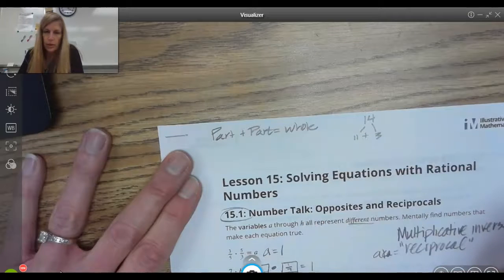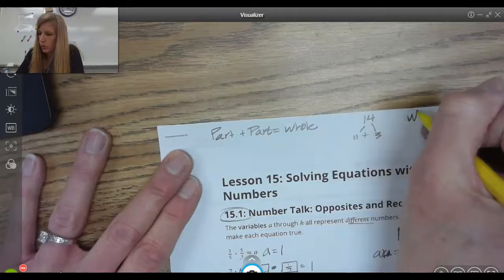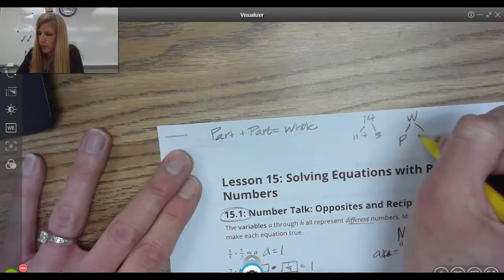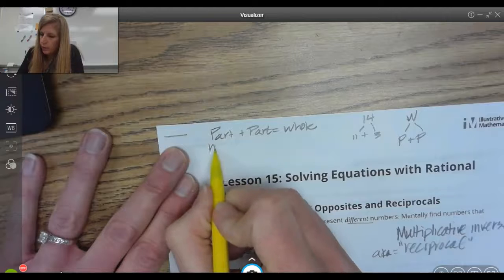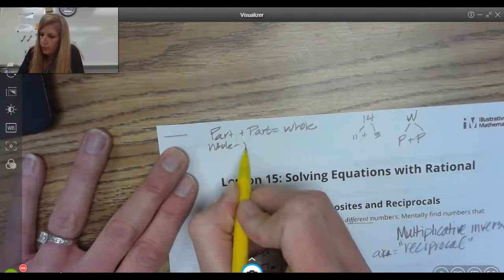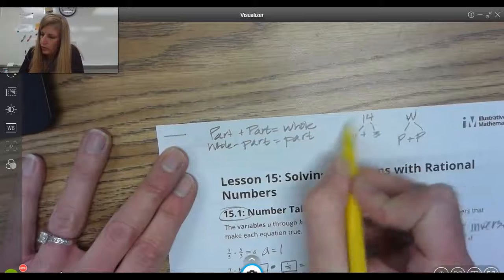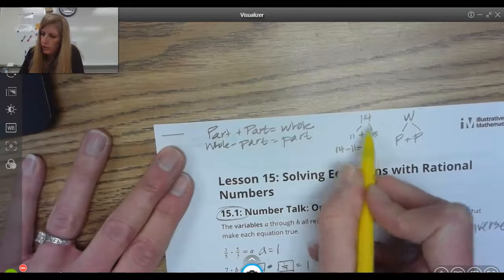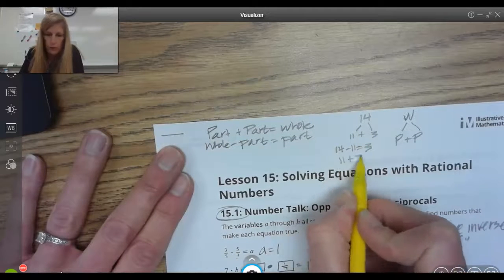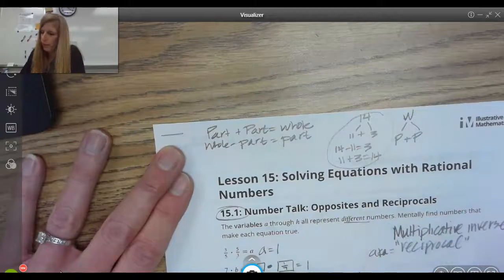That was our number bond, and this is our whole, our part, and our part. We add those, okay? So that's for addition. Then to undo that, we would do the whole minus the part to get the other part, okay? So this shows 14 minus 11 equals 3, but it also shows that 11 plus 3 equals 14. Okay, so the same number bond shows the addition and the subtraction.